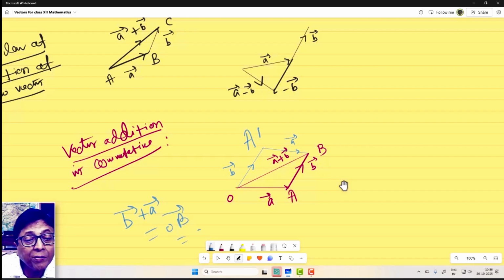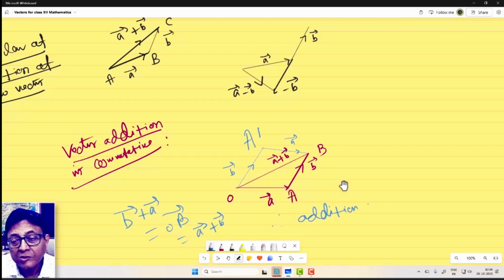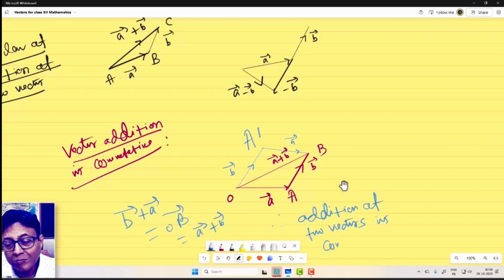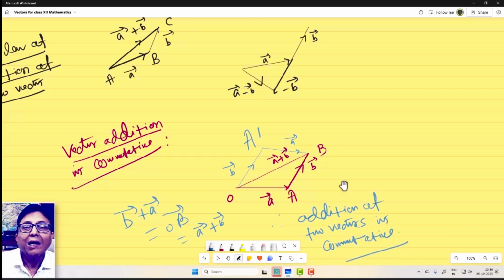But OB is what you have got from A plus B. Therefore, addition of two vectors is commutative. It obeys the commutative law. Addition of two vectors is commutative.